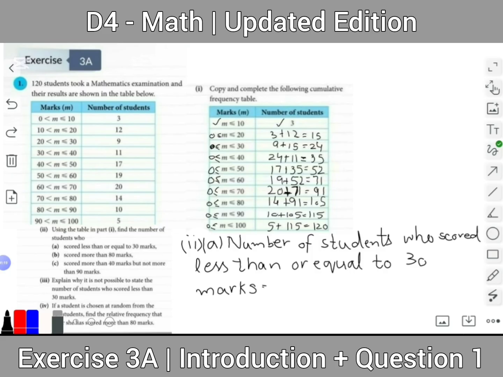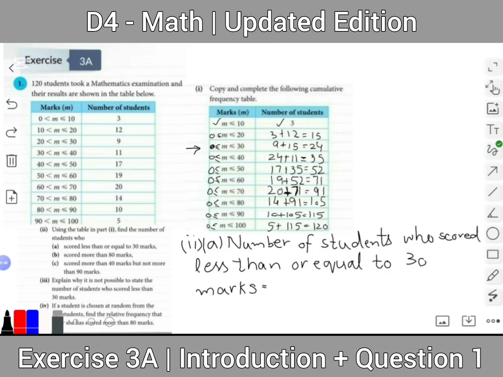We have to identify the class interval which shows the students who scored less than or equal to 30 marks, and the number of students is 24.